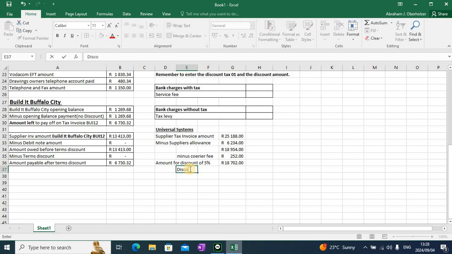So the discount for 5% equals 5% multiplied by 18,702.